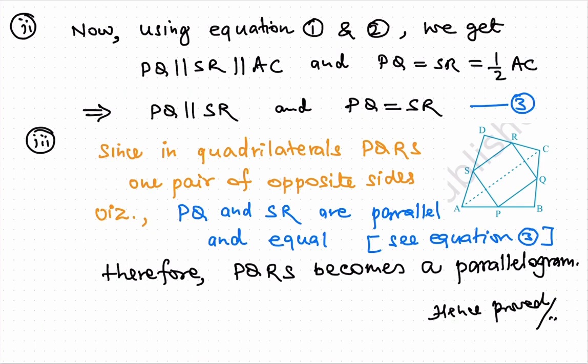Since quadrilateral PQRS has one pair of sides parallel to each other and equal also, therefore it becomes a parallelogram, because for any quadrilateral to be a parallelogram, one pair of opposite sides should be parallel and equal.